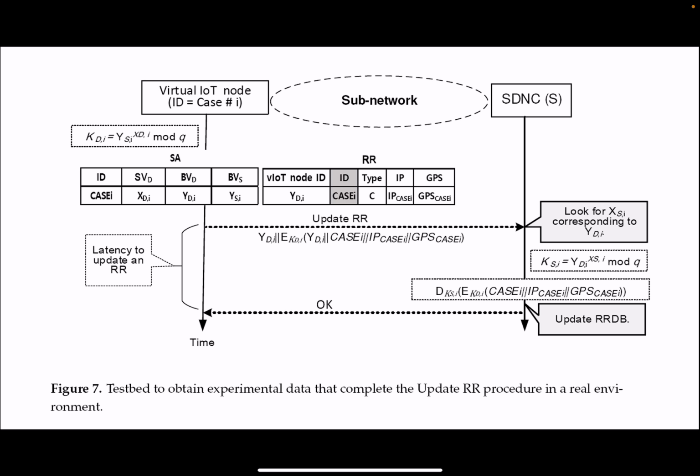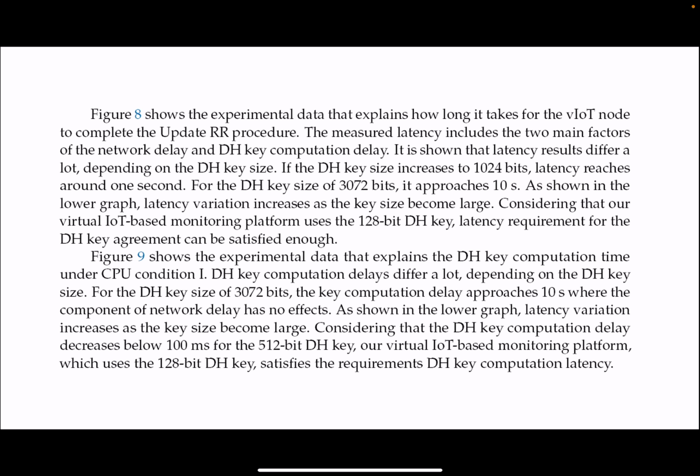Figure 7 is the setup testbed to obtain experimental data that computes how long it takes for the virtual IoT to complete the update RR procedure in a real-world environment. Figure 8 shows the experimental data. The measured latency includes the two main factors of network delay and computation delay.